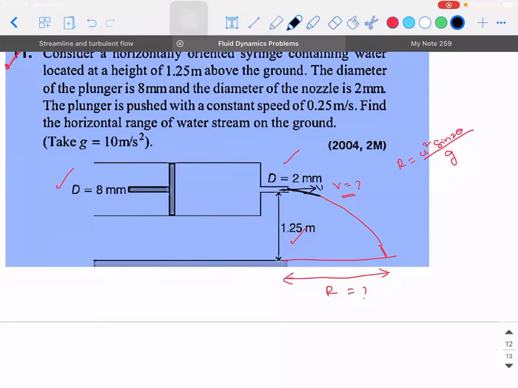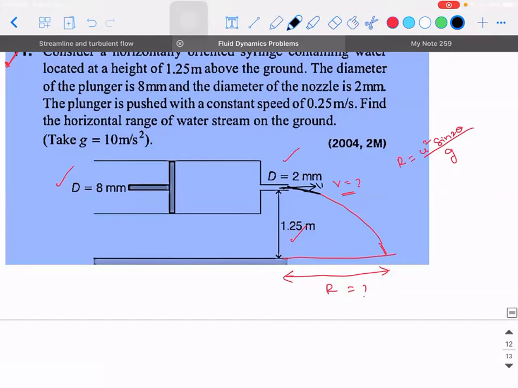Is there anyone who's not able to understand? I'm trying to ask questions, but then we will be able to solve this question. No? Tell me, what is the angle of projection in this case? Theta is equal to? It is 0 degrees.